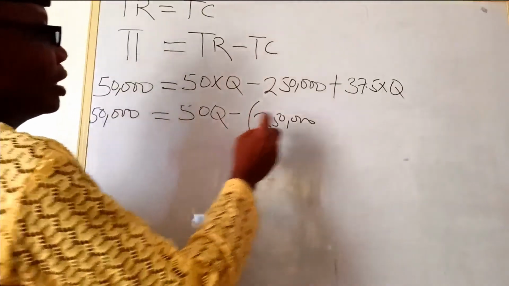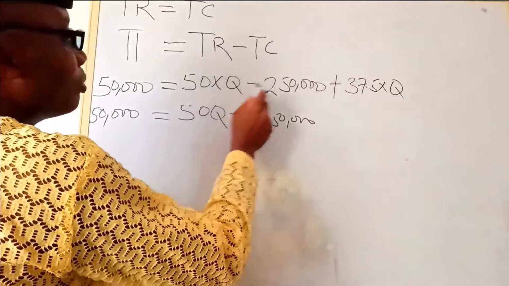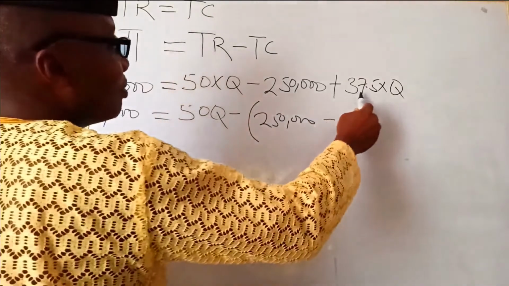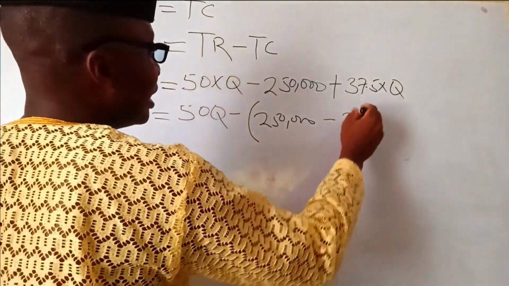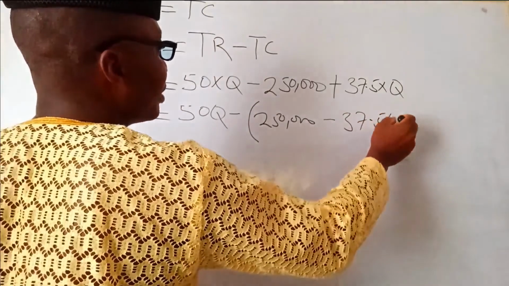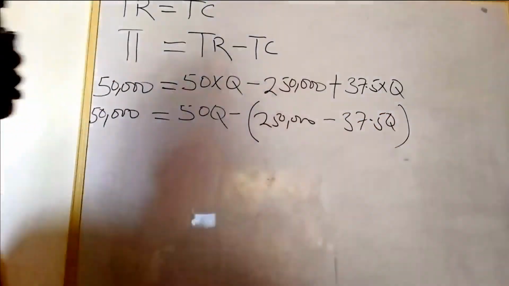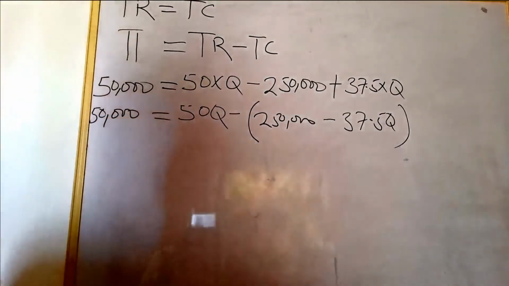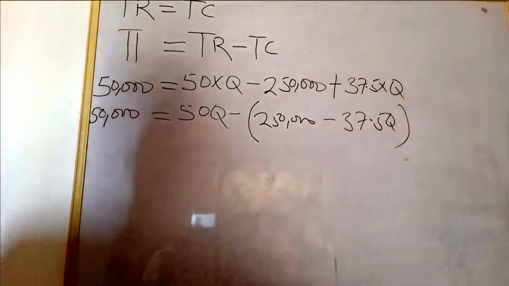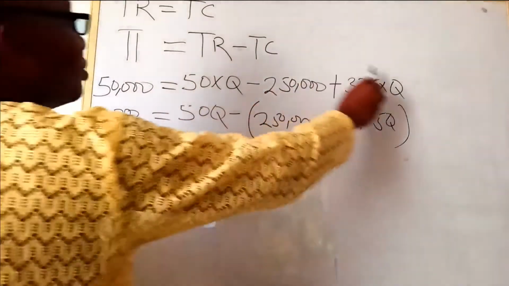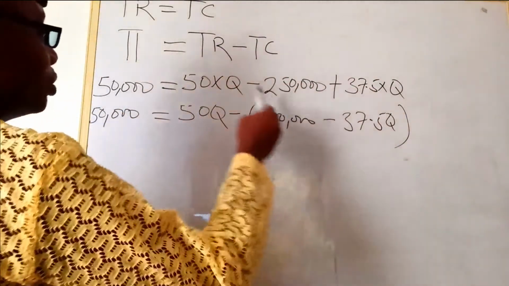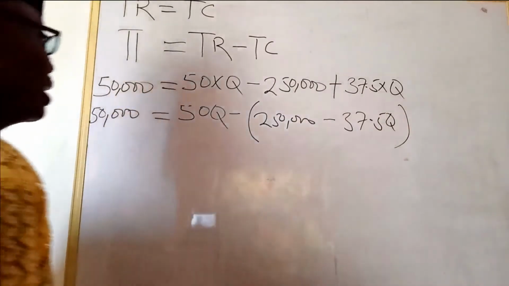Now when this multiplies this, it gives you minus, and then this times this will give you 37.5Q. You have to introduce this because of that over there. So we are subtracting all of this from this. This is like a bracket, so you have to apply the law of BODMAS here.